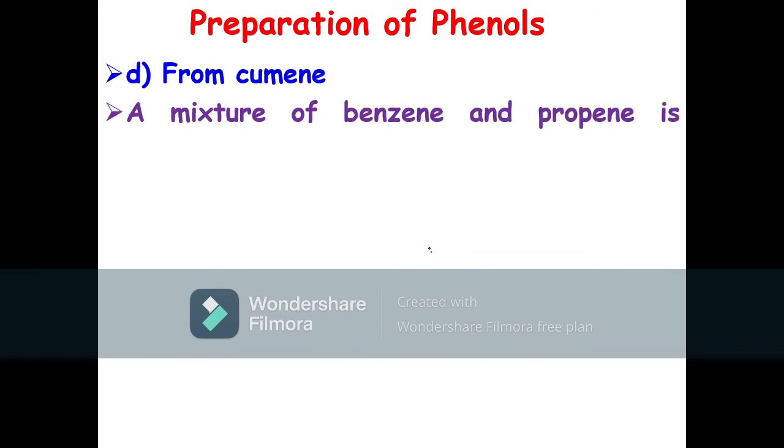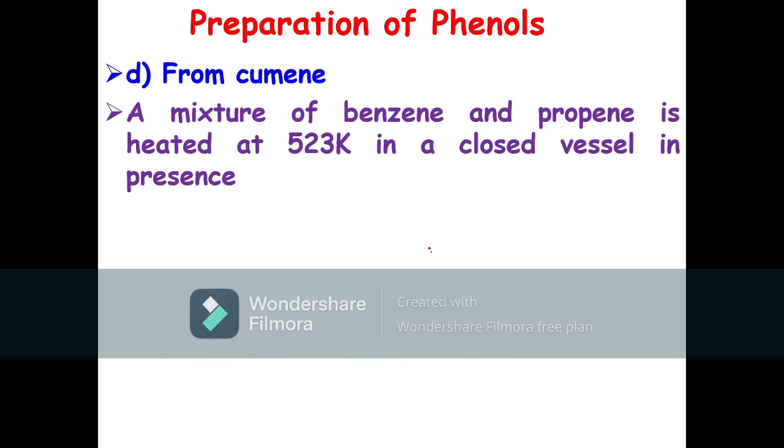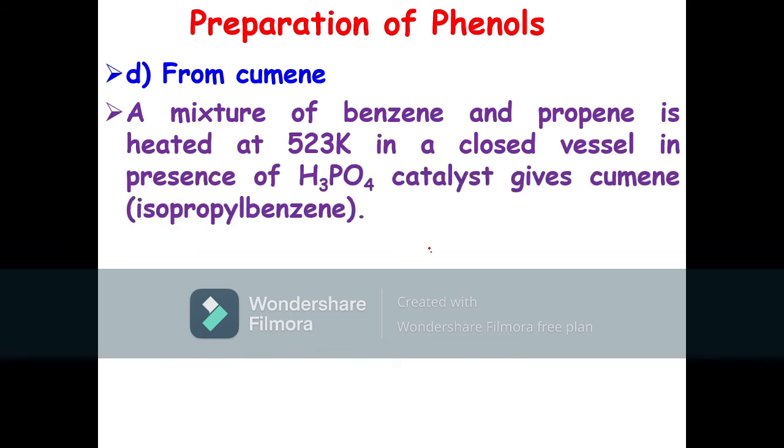Here in this method we are taking the mixture of benzene and propene in a closed vessel and heated at 523 Kelvin temperature in the presence of the catalyst phosphoric acid. It gives cumene. Cumene is nothing but isopropyl benzene.